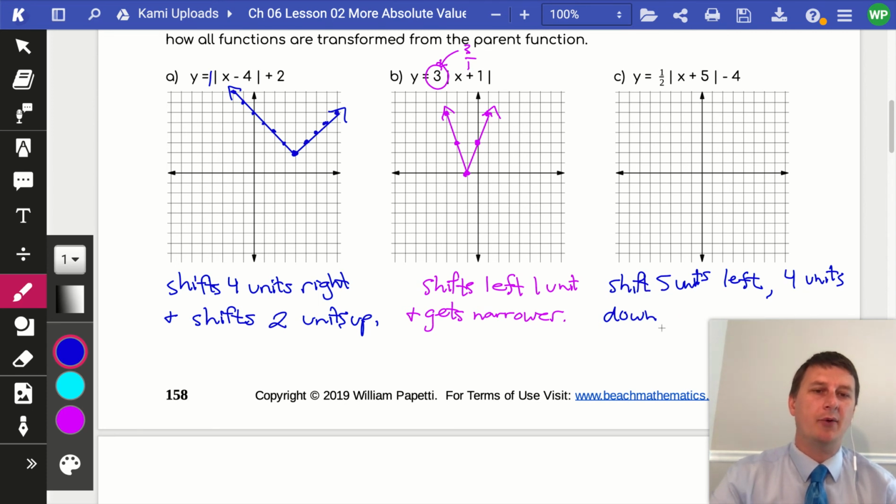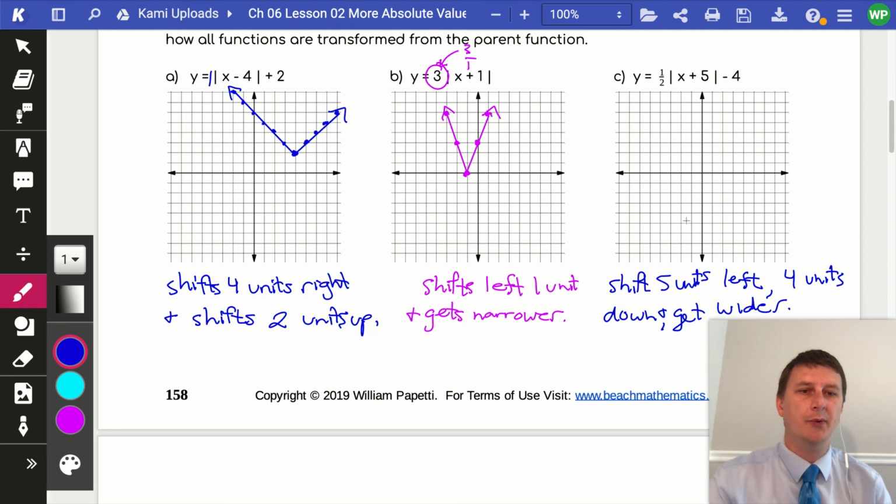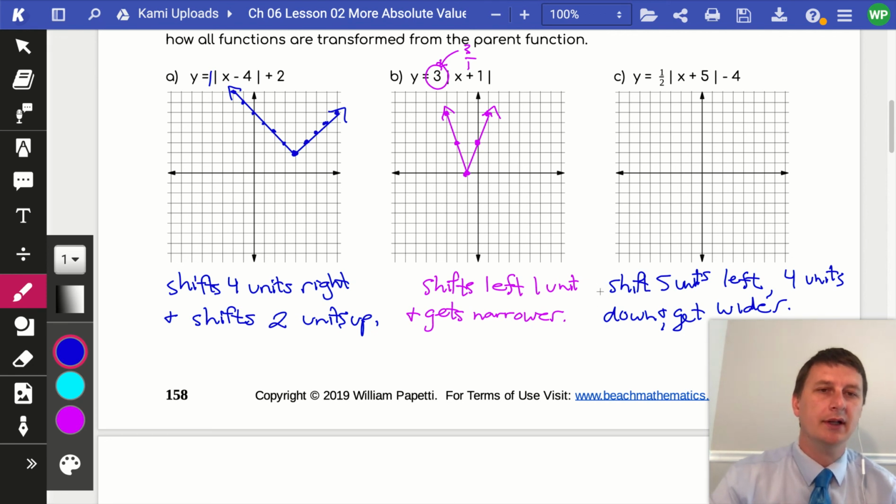Then we're multiplying by 1/2, so it's also going to get wider because 1/2 is a number between 0 and 1. So this is using 3 of our transformation rules: adding inside, subtracting outside, and multiplying by a number between 0 and 1.